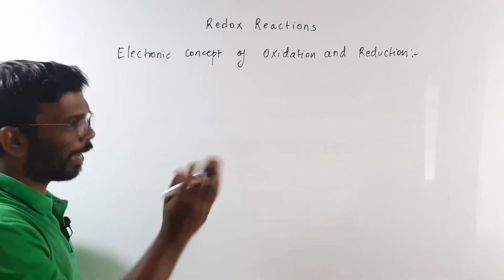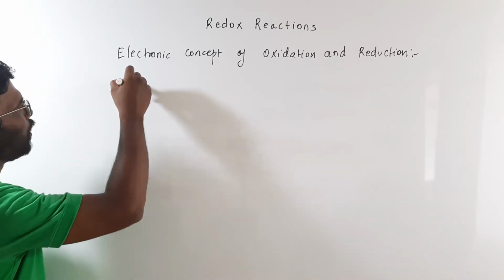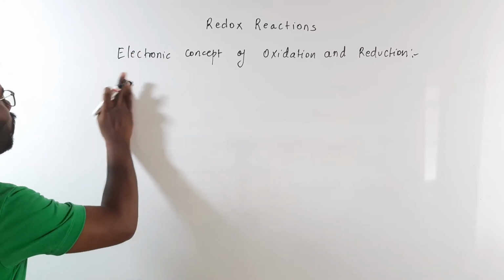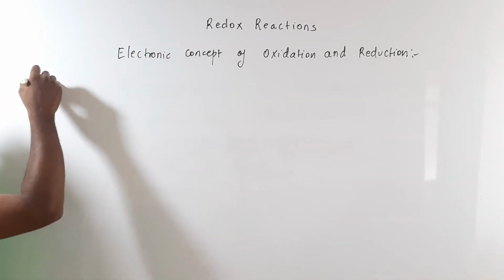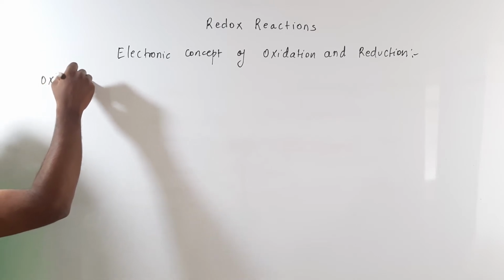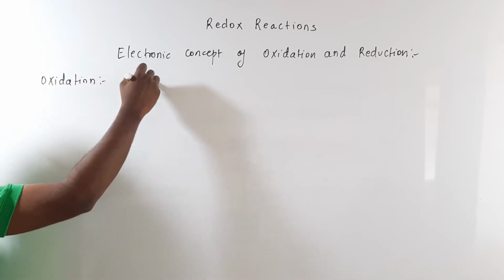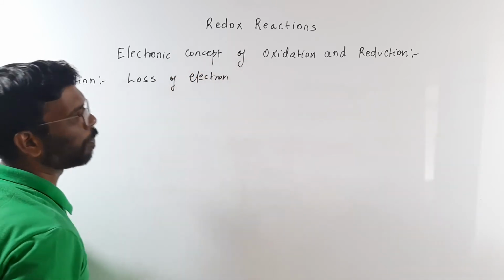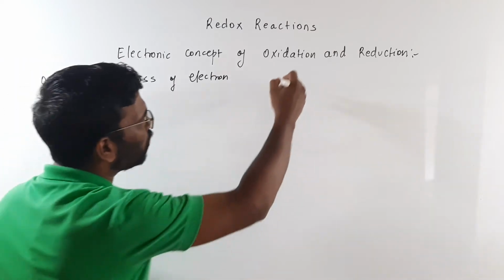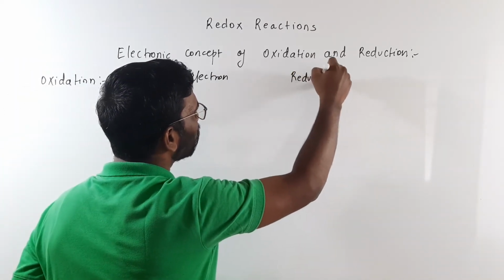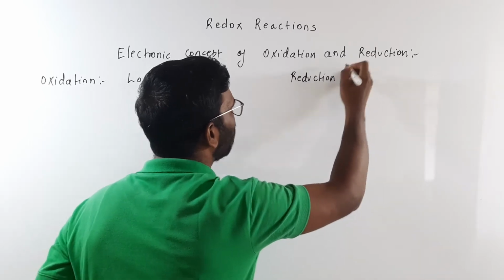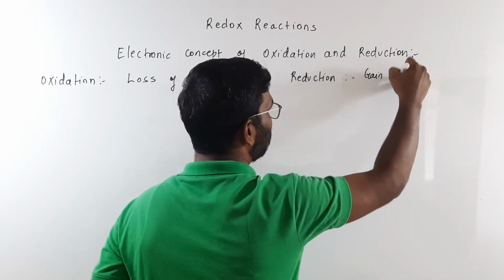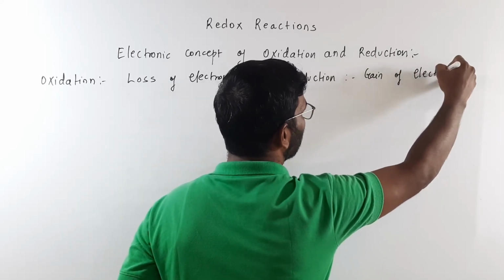So, according to the electronic concept, it is said that oxidation is loss of electron. This is a so simple definition, you know. And reduction is gain of electron.